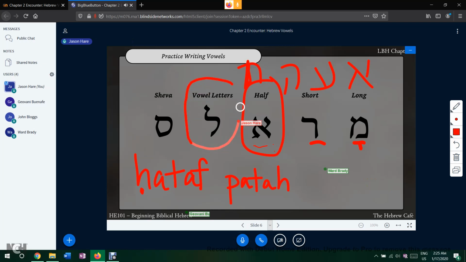So the vowel letters, we're going to have like O, okay? This is a vowel letter. We should go over those in just a second. The long and short. All of the long vowels have the option of becoming vowel letters. And then we have shva. Okay, so this is shva, it's just 2 dots underneath, and that goes under any letter. Generally, the gutturals prefer the reduced vowels.